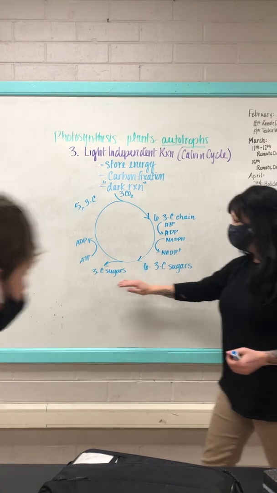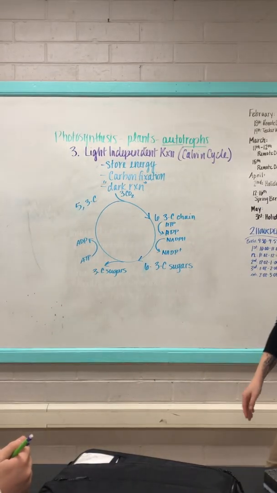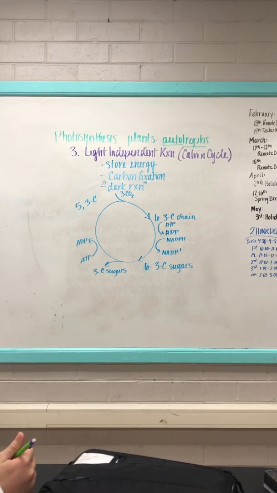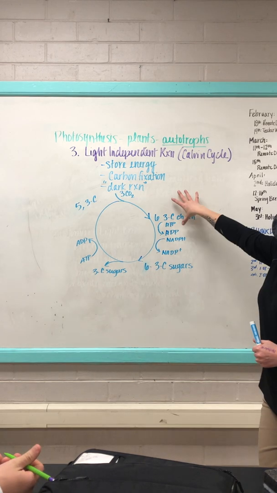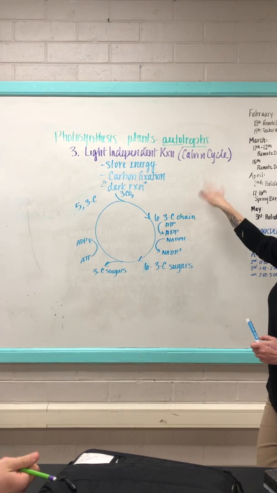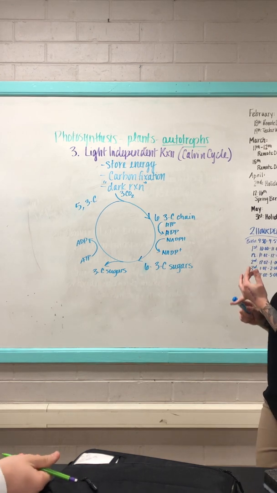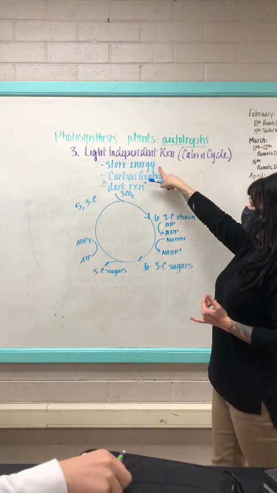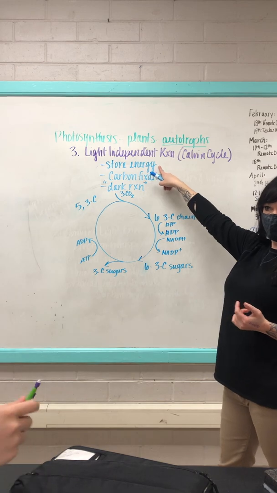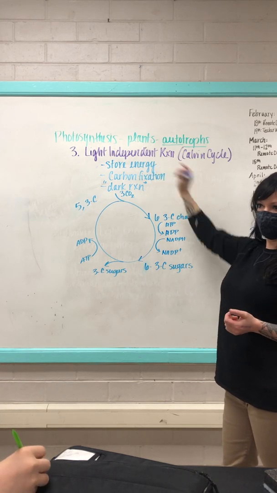It's starting to make all these sugars, it's using some, it's adding more energy, and then you get more carbon-based molecules in the end. And so what it's trying to do is basically trying to make the sugar and store it because that's the plant's energy. Okay?